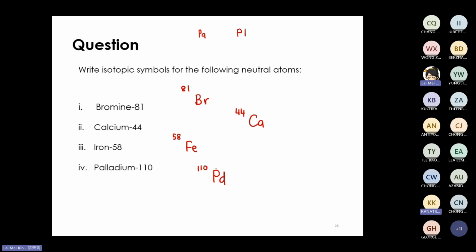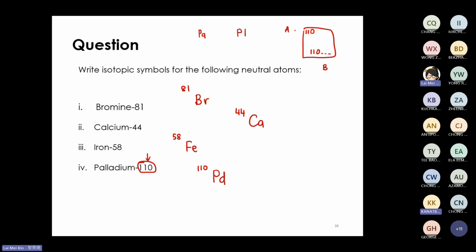110. If you don't know, at least you look for 110. Where do you check in the periodic table for this 110? Do you check it here or here? Position A or position B?